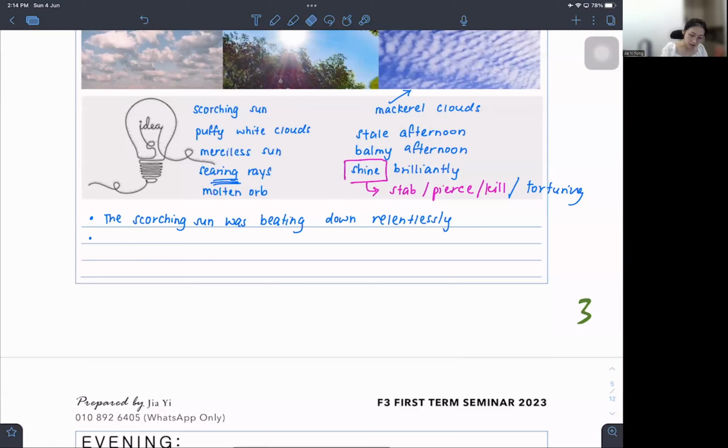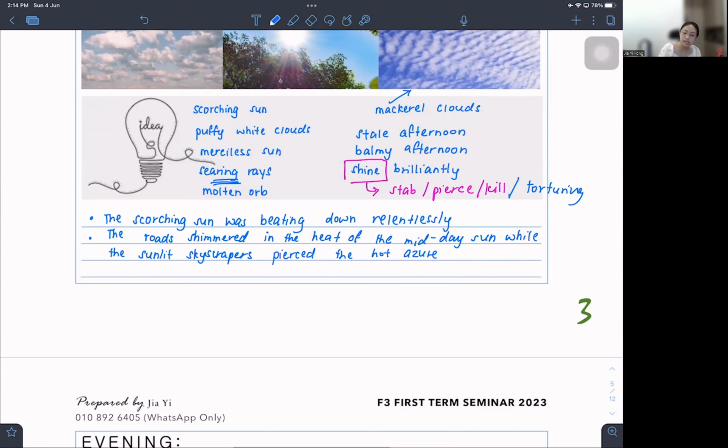So we can write: the roads shimmer in the heat of the midday sun, while the sunlit skyscraper pierce the hot azure blue sky.